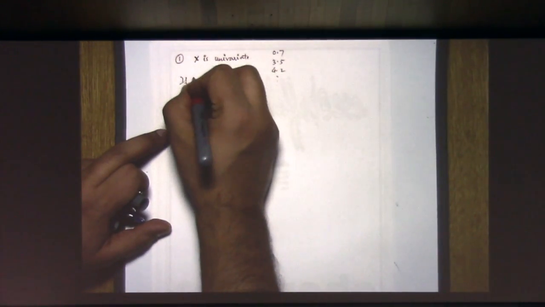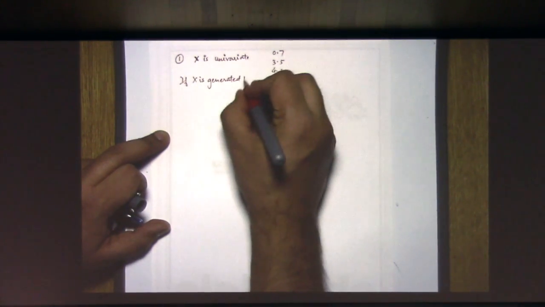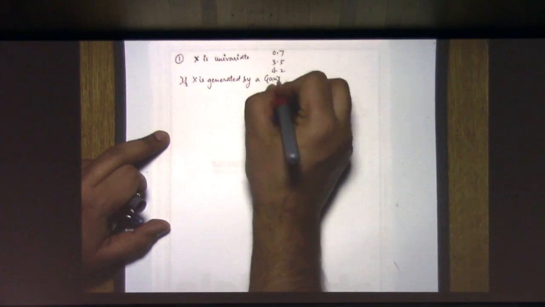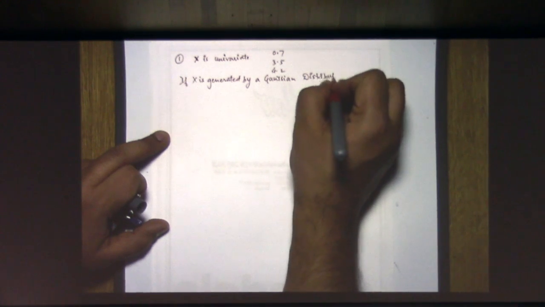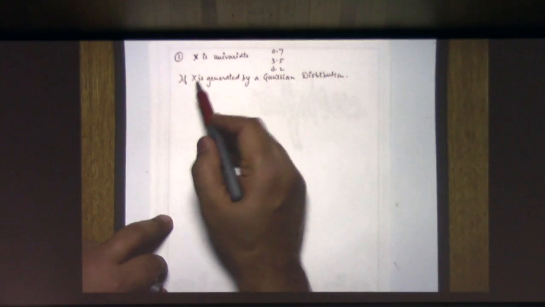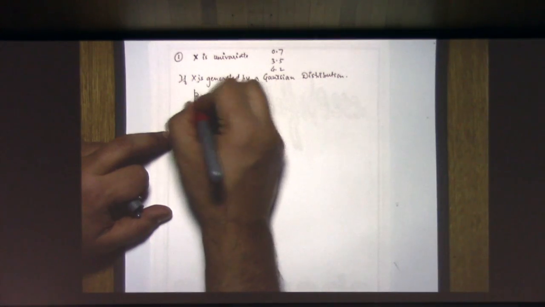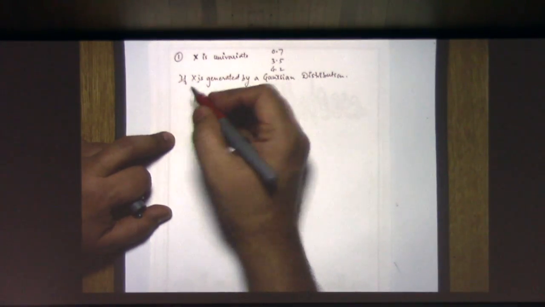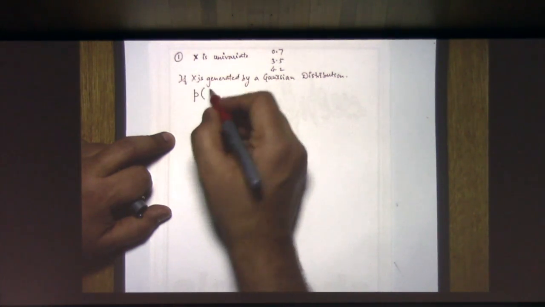If x is generated by a Gaussian distribution, and sometimes just to keep it simple, we say if x is Gaussian, which essentially means the random variable x was generated by a Gaussian distribution, then the probability density, and we are going to talk about probability density now because these are all continuous values, so we cannot say the probability of x to be 5.